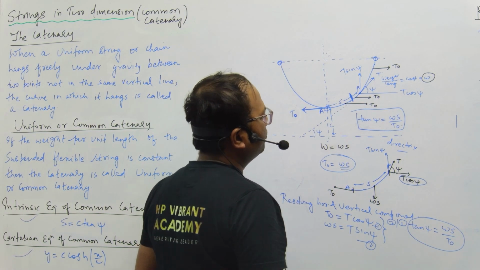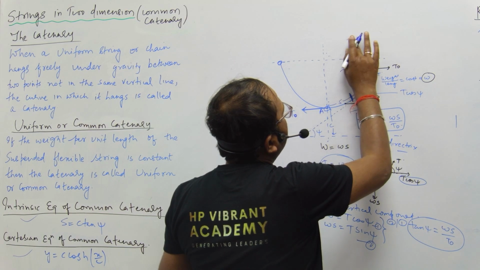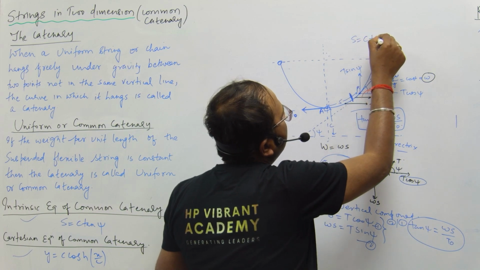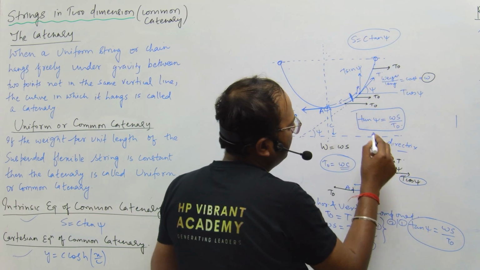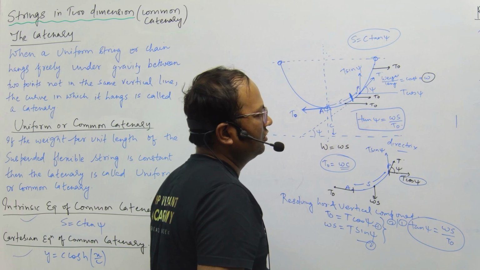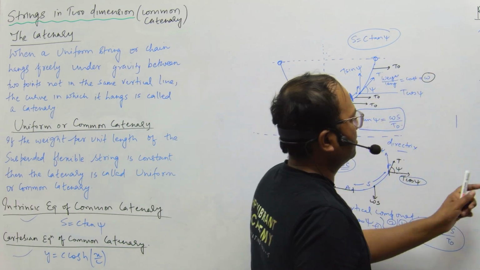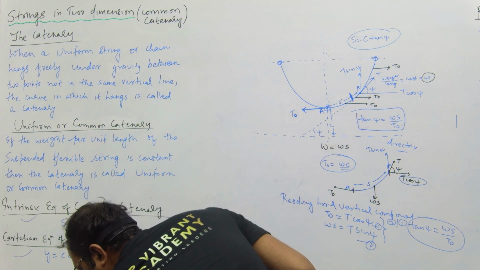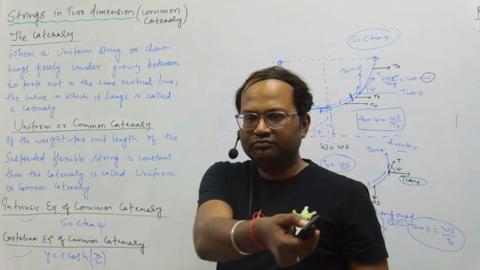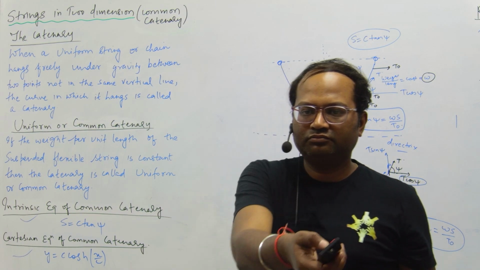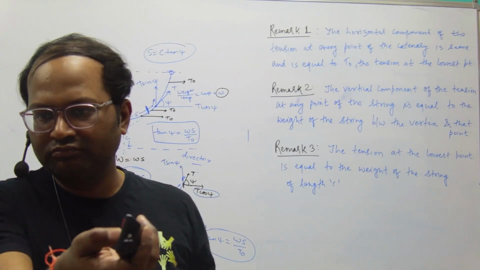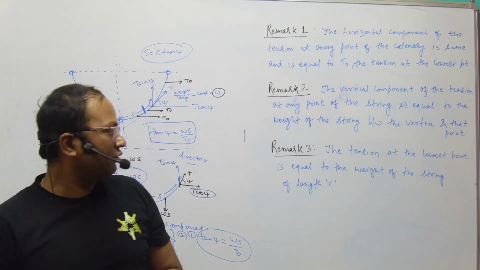Now we have to prove that the intrinsic equation of the common catenary is S is equal to C tan psi. We have the value of tan psi as ws upon T naught. So what is the value of this T naught? For this, let us go through remark 3.